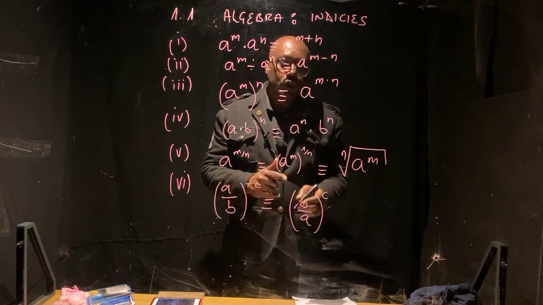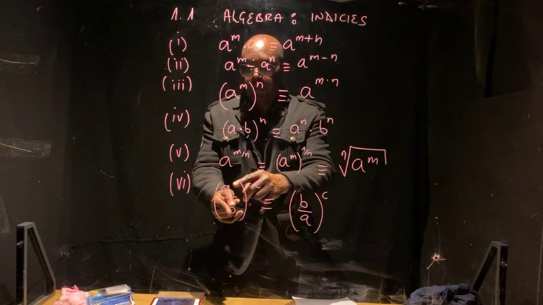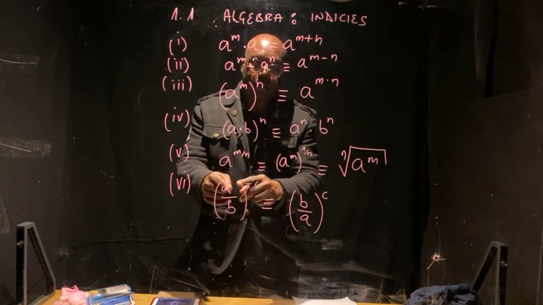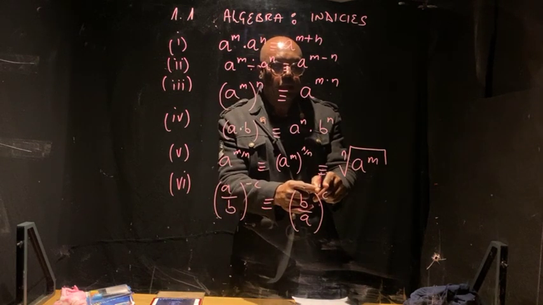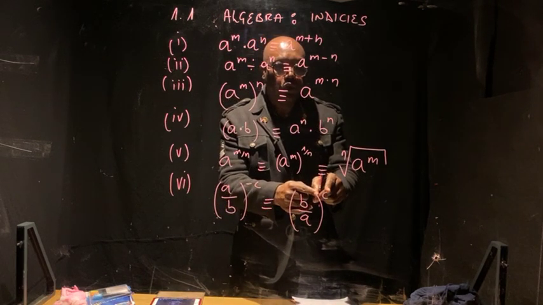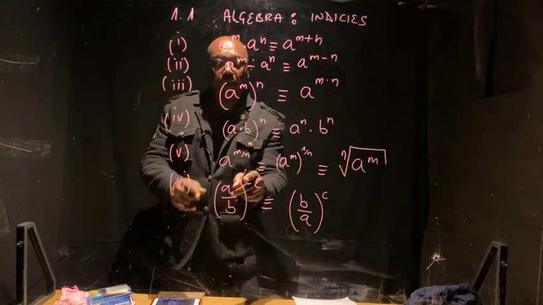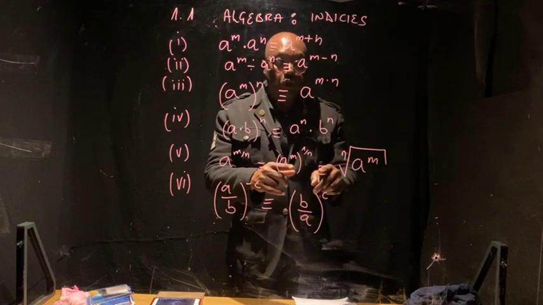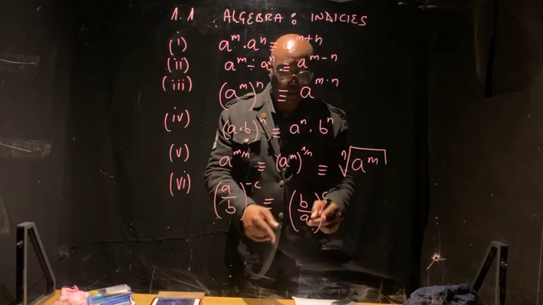We were able to do so by reciprocating the fraction, turning the fraction upside down, which makes the negative index go away. So if you have a negative index like this, you can make it a positive index, but to do so, you have to reciprocate the fraction.